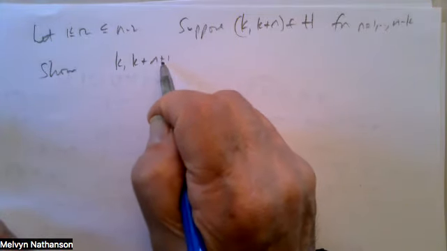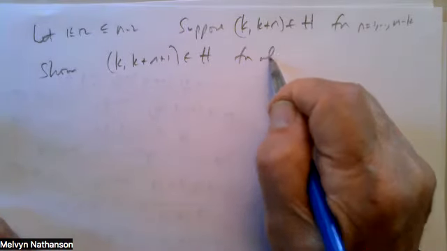So all the 2-cycles where the two numbers differ by r belong to H. And I want to show that we can get all the transpositions where the two numbers differ by r plus 1. I want to show this is in H for all k going from 1 up to n minus r minus 1.